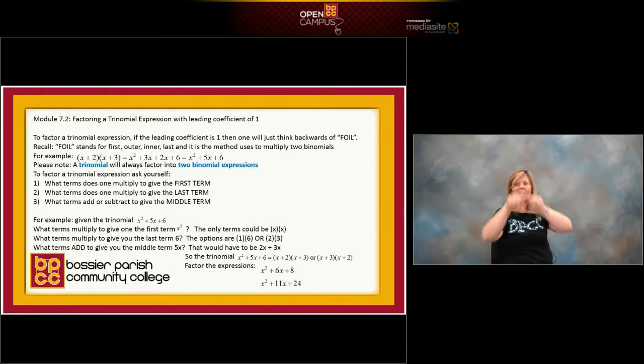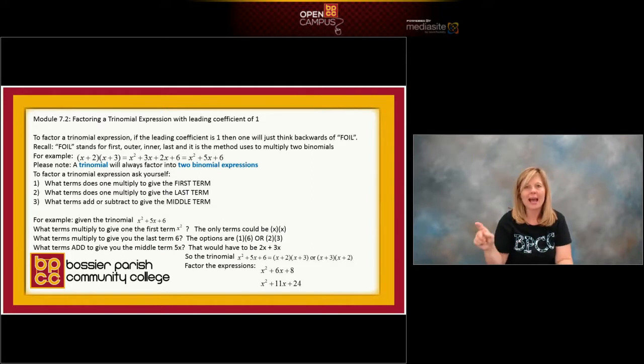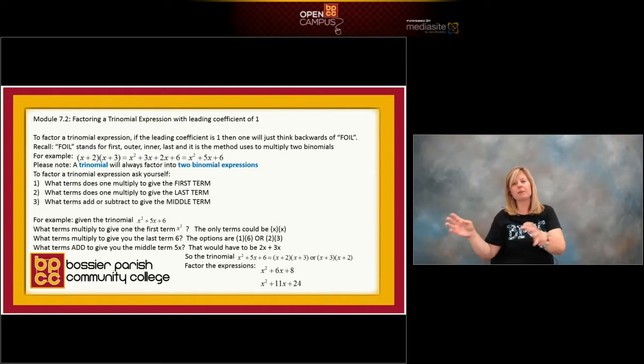Now the outers and the inners, remember the nose and the mouth, are going to make the middle. If you want to add to make a positive 5x, because that's what it says in the middle, adding means the signs have to be the same, right? And we talked about that. To add, things have to be the same. To add to a positive 5x, both signs would have to be positive.